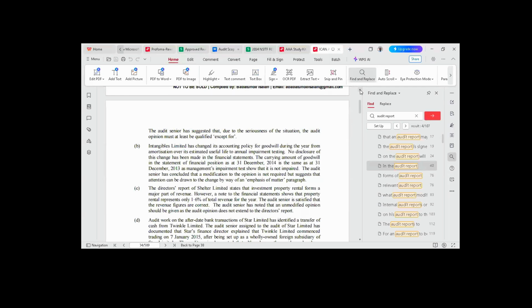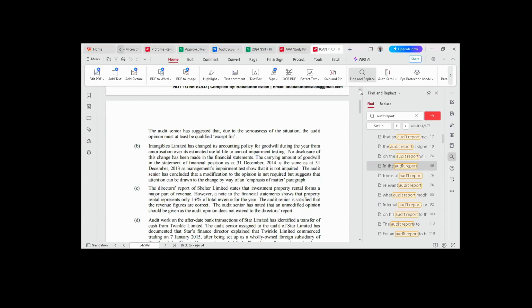Do you understand? Is it an audit terminology? Yes, there is another terminology now. See, the terminologies in all this are many. You can't know everything.